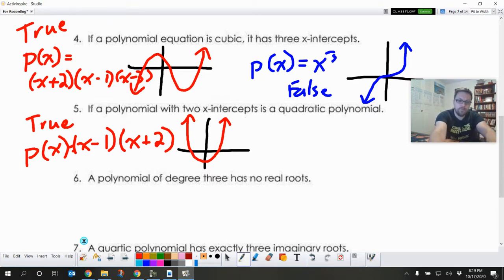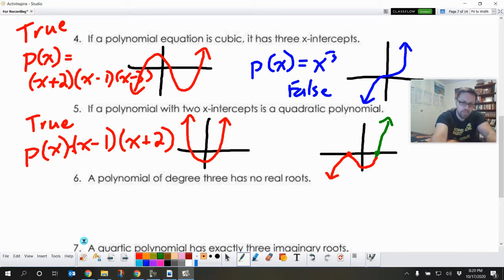But what if I had those same intercepts and I let one of them just shoot right through like we were doing before, but then I let the other one bounce? That would be a degree 3. That zero would have a multiplicity of 2, but I still have the same number of x-intercepts.